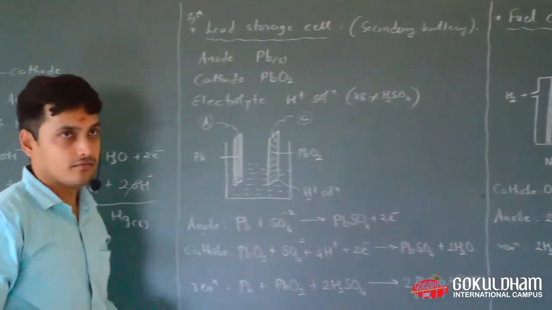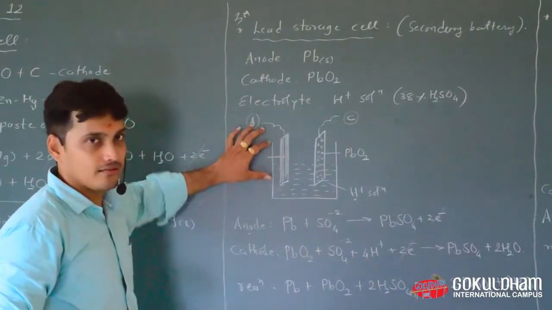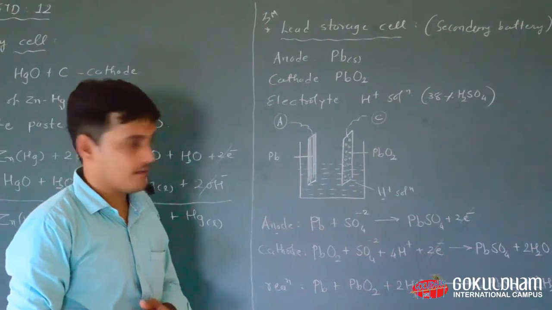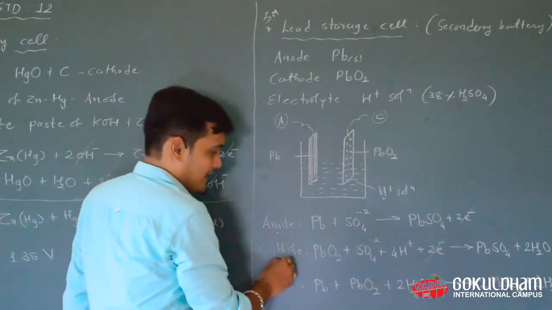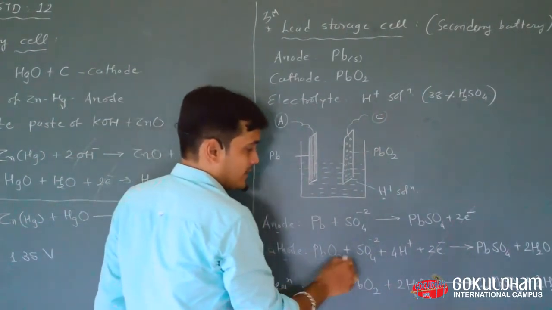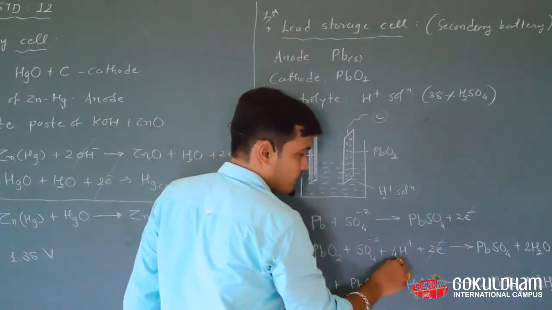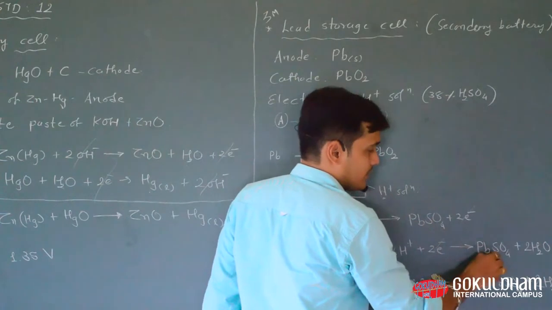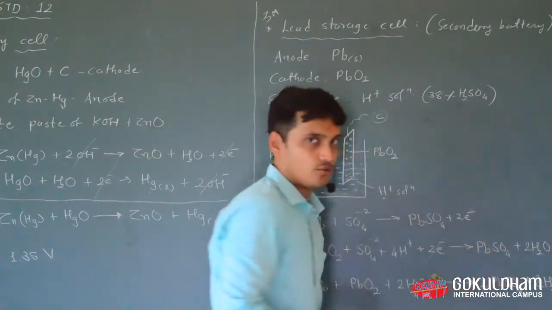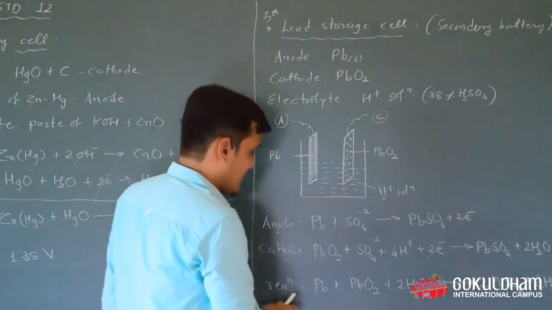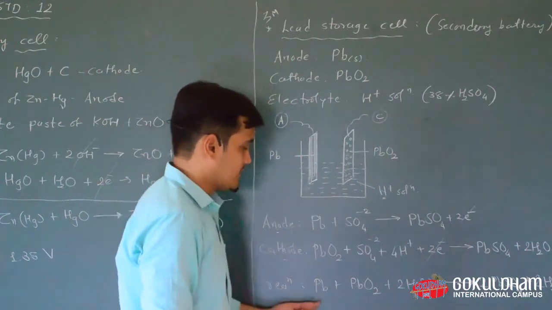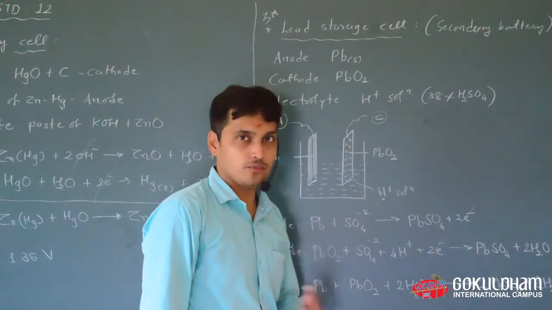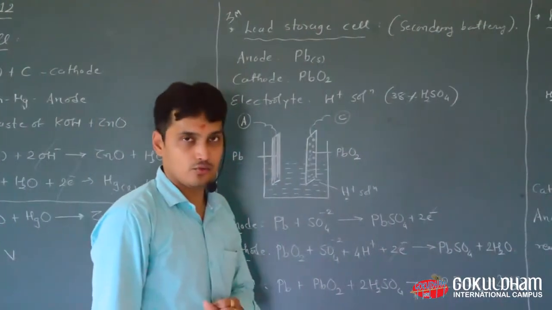Secondary battery means this cell can be recharged by another higher voltage instrument. On the cathodic side, lead oxide plus SO4²⁻ plus 4H⁺ plus 2 electrons shows the reduction process giving PbSO4 plus 2H2O. The overall reaction of the lead storage cell is Pb plus PbO2 plus 2H2SO4 gives 2PbSO4 plus 2H2O.